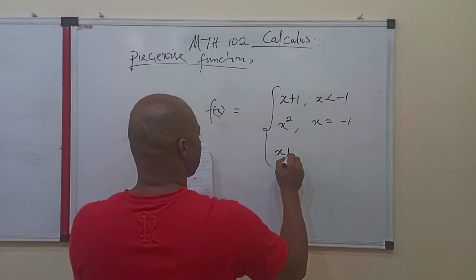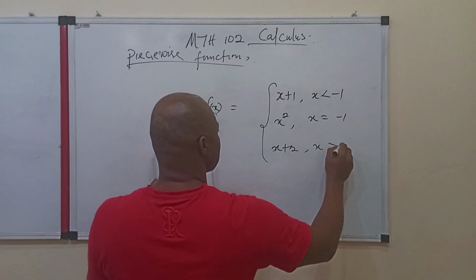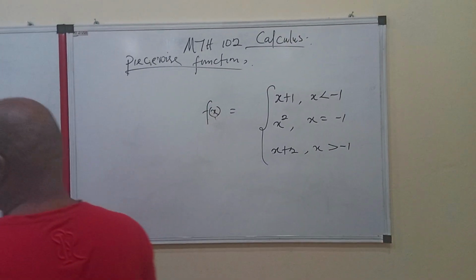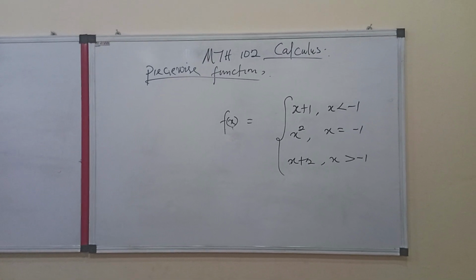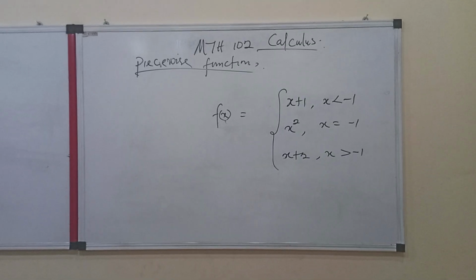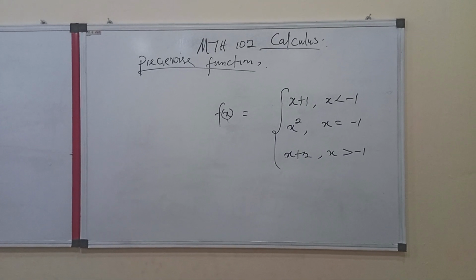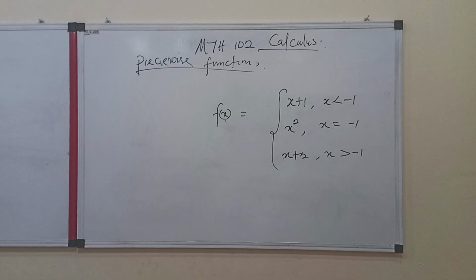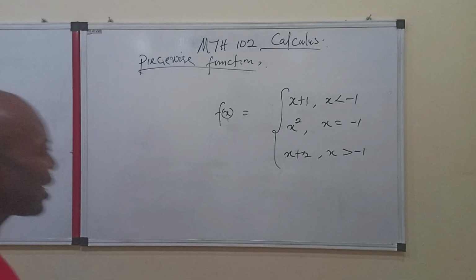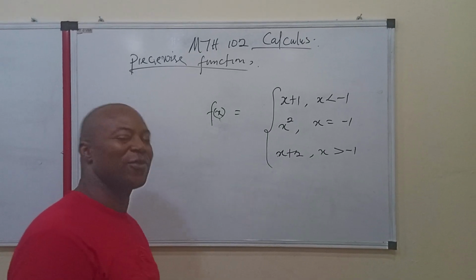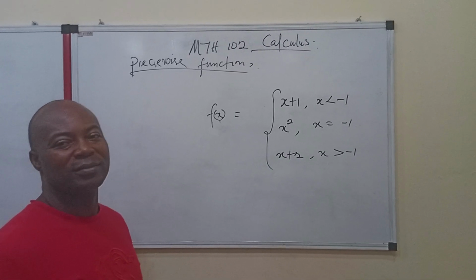Then we get another one, x plus 2, where x is greater than minus 1. I want make we look this function wey dey. Based on the first one wey I don write before, person fit tell me whether this one na piecewise function or no be piecewise function. Now, if you look this one, e dey clear say na piecewise function be this.